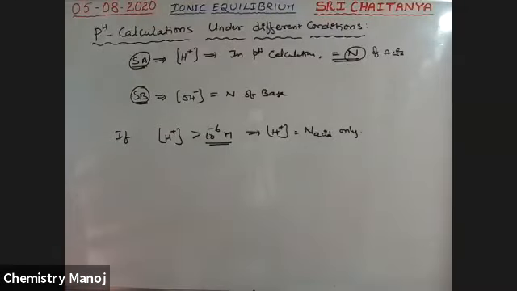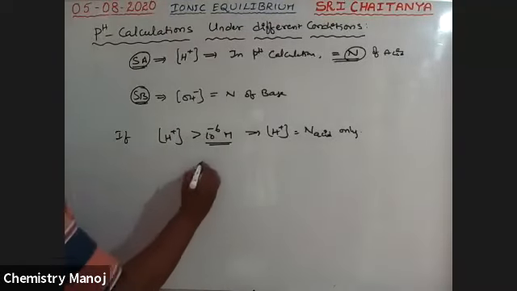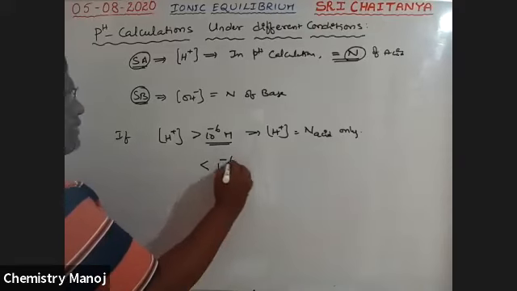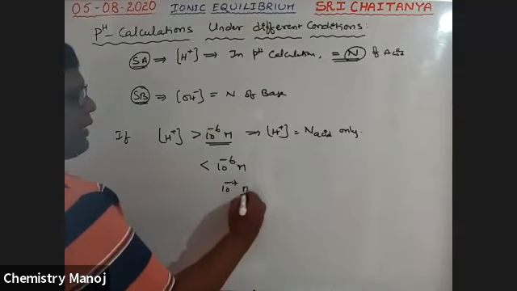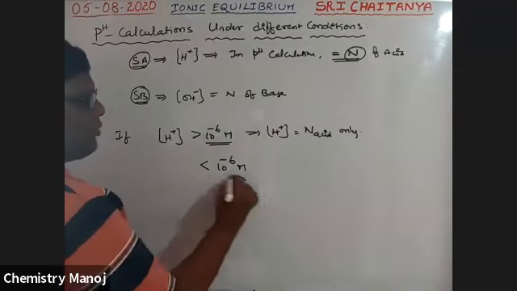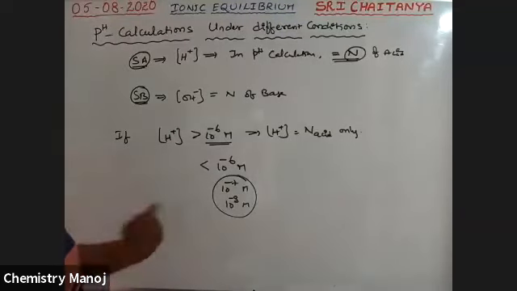So only normality of acid. If H plus concentration is less than 10 power minus 6 M, sometimes values like 10 power minus 7, 10 power minus 8 may be given to you in your exam calculations.